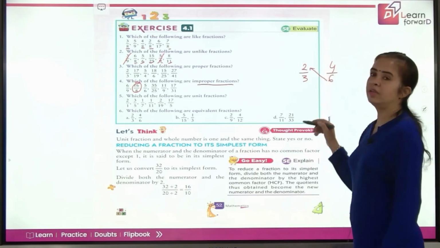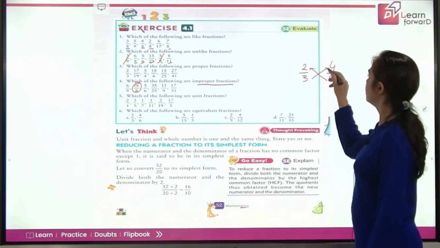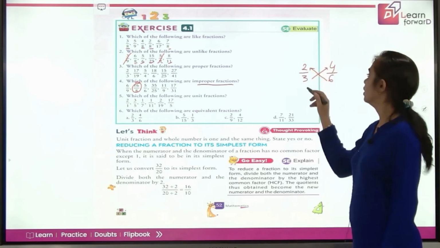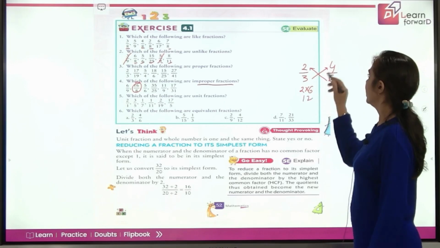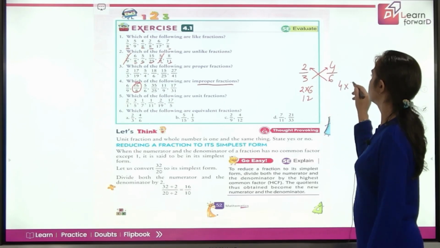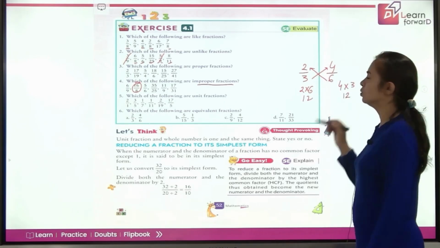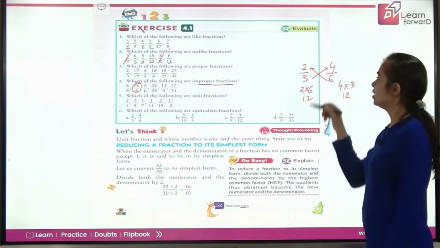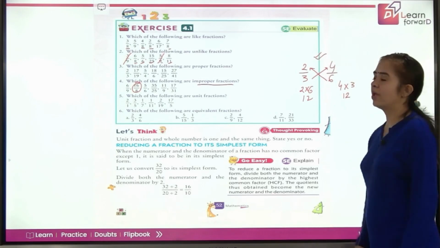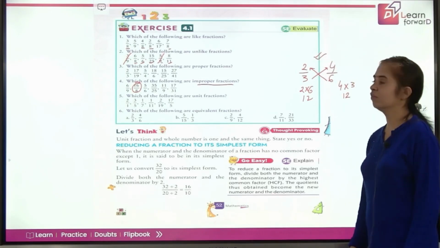Take the denominator to the numerator and multiply. So, 6 2s are 12. This is 2 times 6, 12. And here it is 4 times 3. This is also 12. Right? Now, both values are the same. That means this is a pair of equivalent fractions.